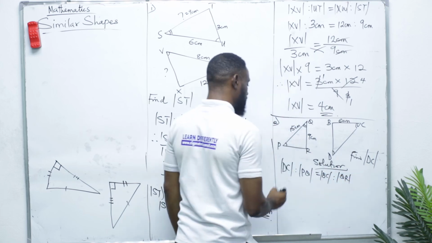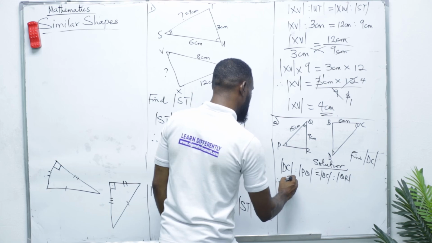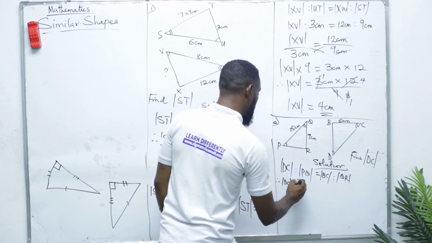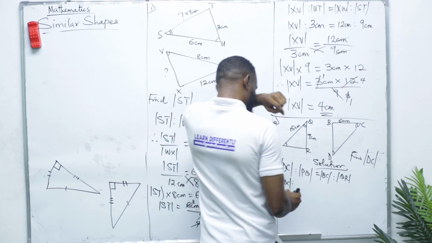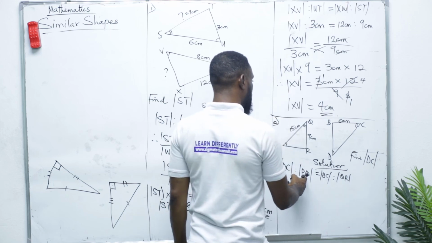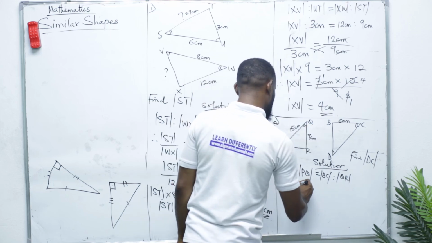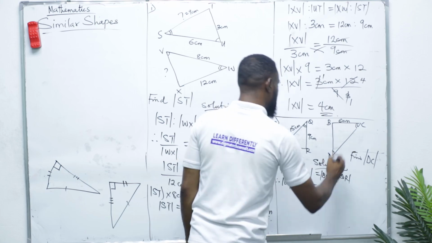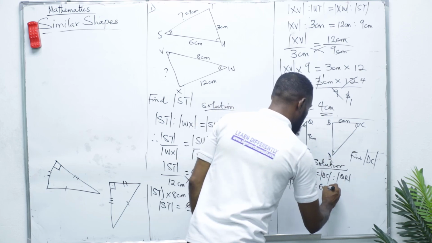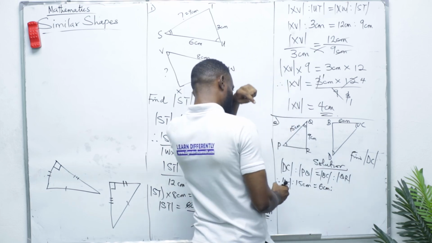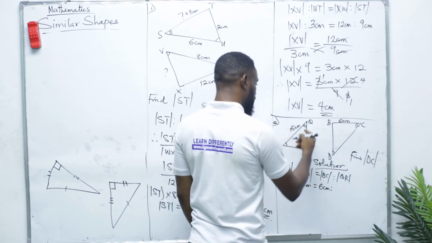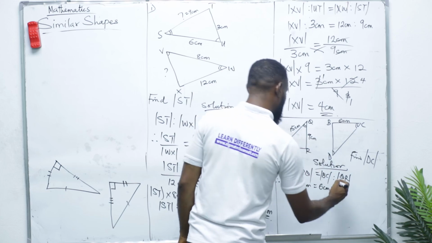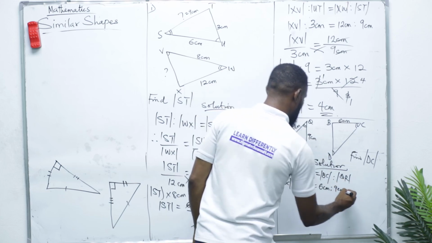So DC is now in the ratio of PQ. PQ is 15 cm. Is equal to BC, 6 cm, is in the ratio of QR. QR is 9 cm. You see that?